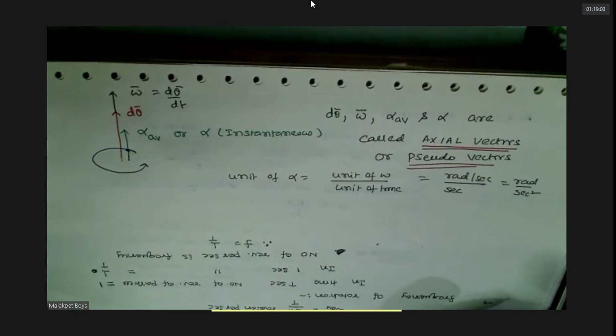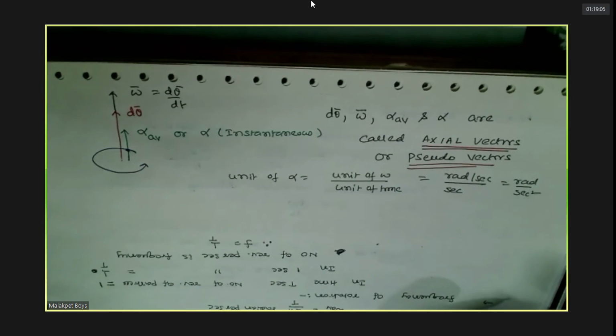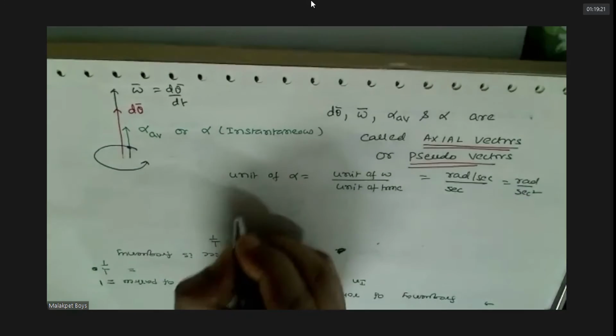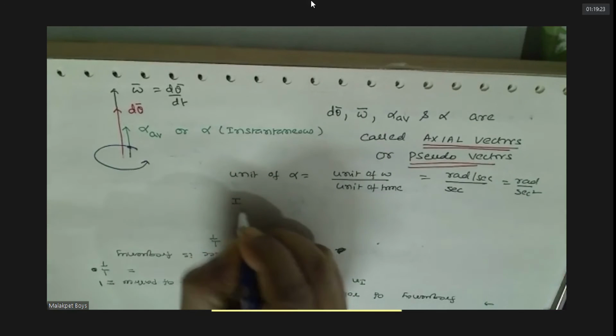Anywhere you are seeing, left is not written on the earth. Pseudo means assigned. Because we have assigned the direction along the axis, they are also called axial vectors or pseudo vectors. Understood this? Yes, sir. And the other thing we can conclude is, if alpha is 0, what will happen to omega?